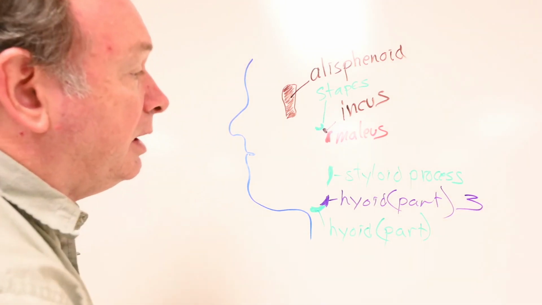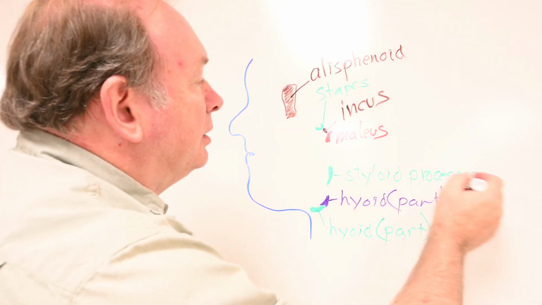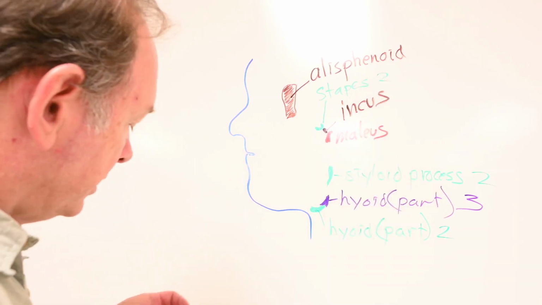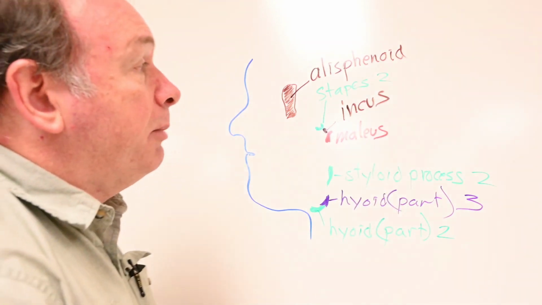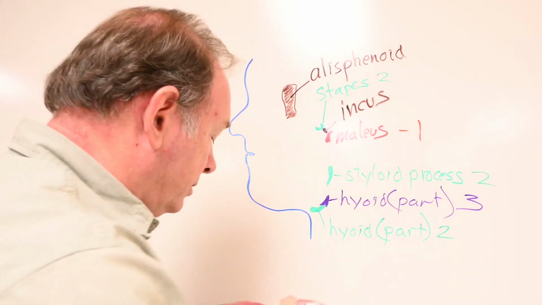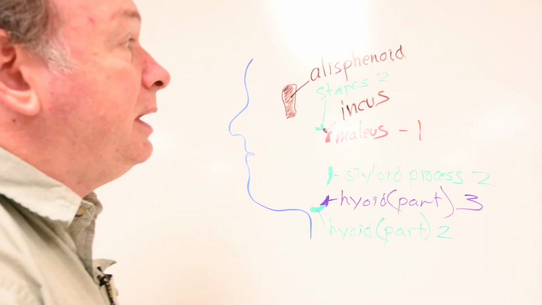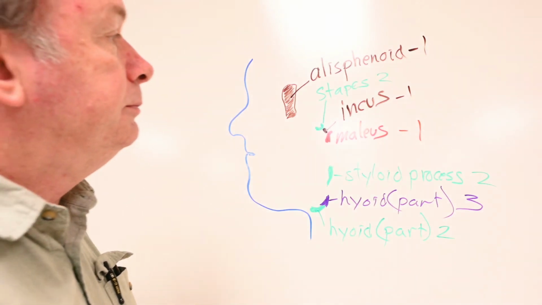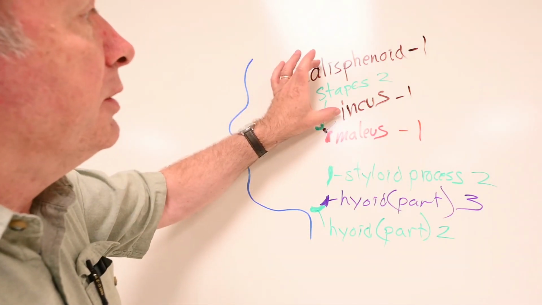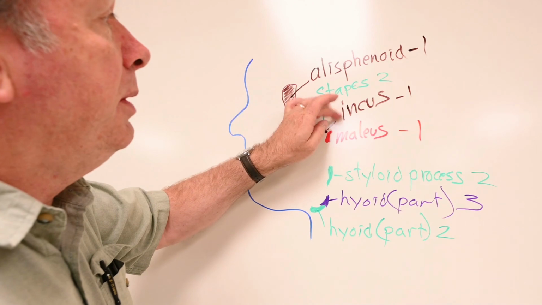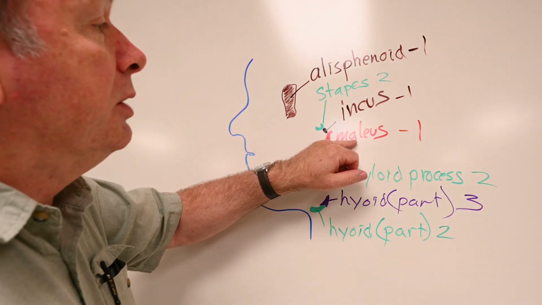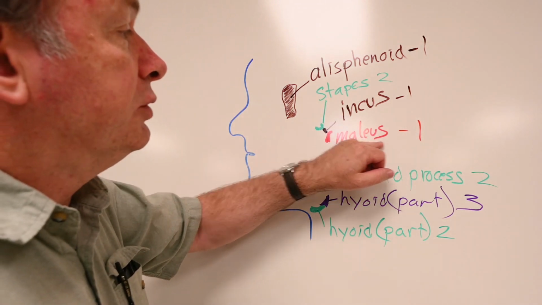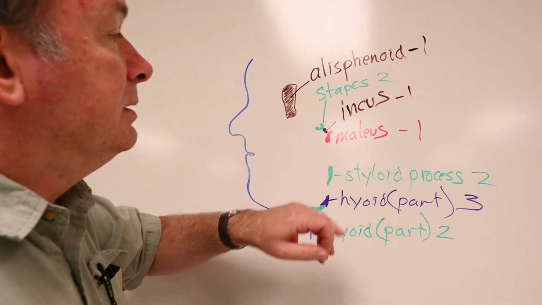Anything in green here was from arch 2, the hyoid arch. In red is the lower jaw portion of arch number 1. And in brown, the upper jaw portion of arch number 1, the quadrate part. So the quadrate part of arch number 1 gives the alisphenoid and incus, the lower jaw component of arch number 1, the Meckel's cartilage component, the malleus.